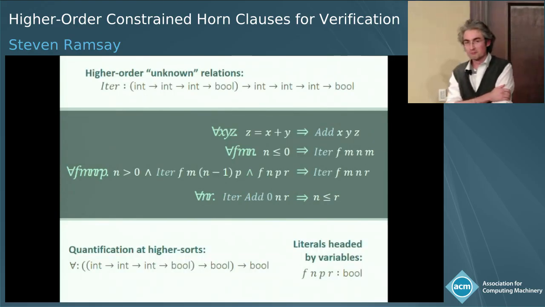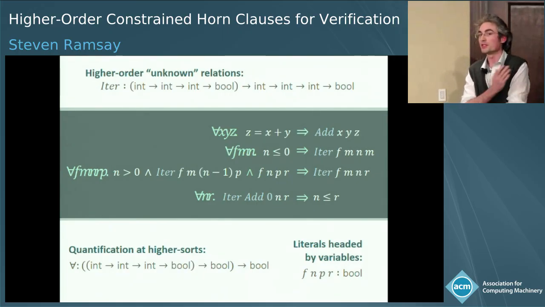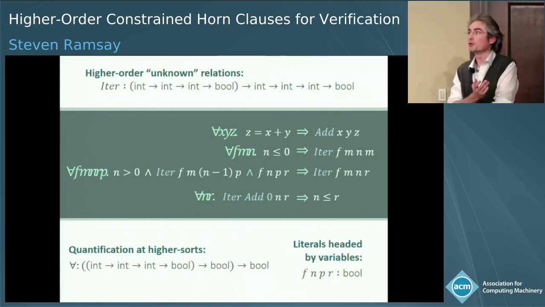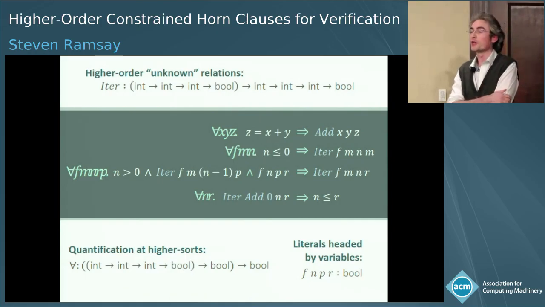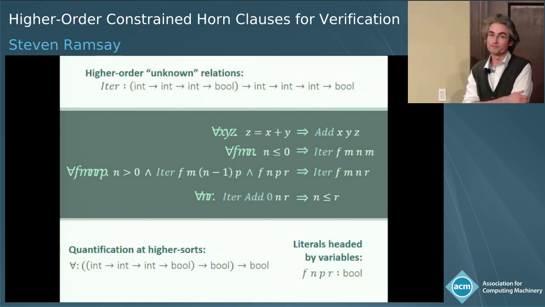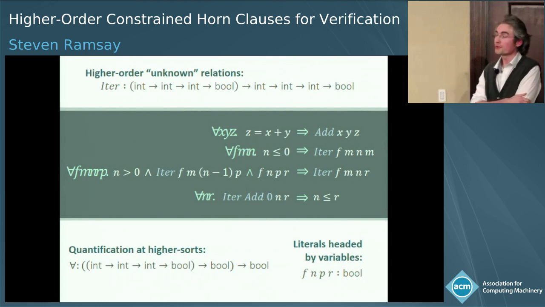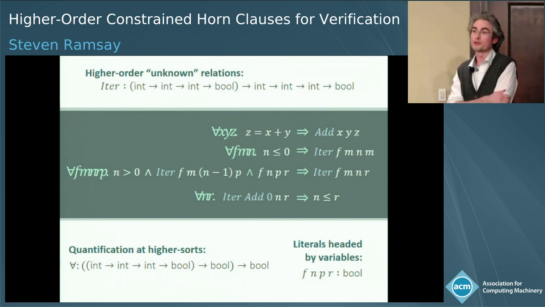So if we can accept that a collection of function summaries, in the sense that I described, is a reasonable notion of invariant for a functional program described as a collection of functions, then we are led to a description of such invariants in higher order logic, and moreover, in this fragment, higher order constrained horn clauses.